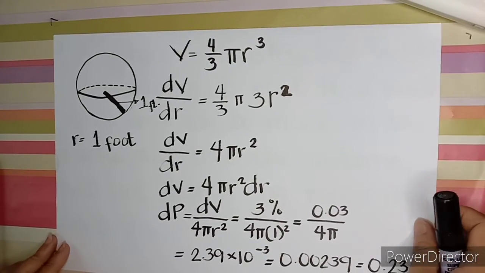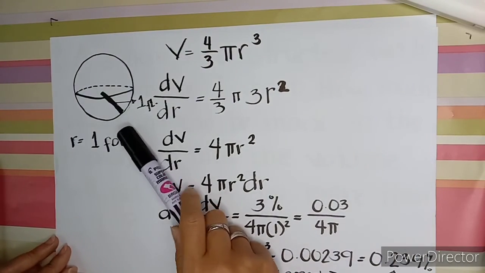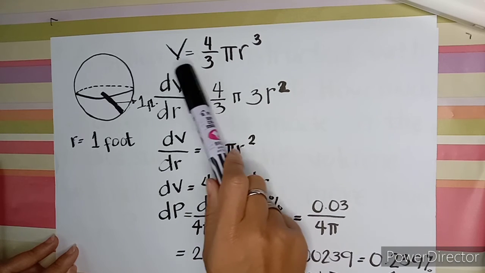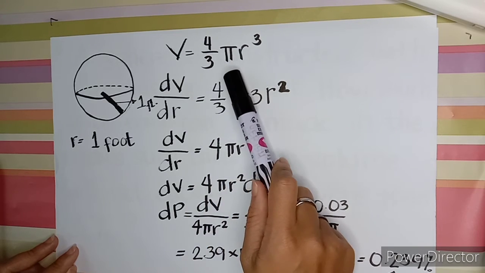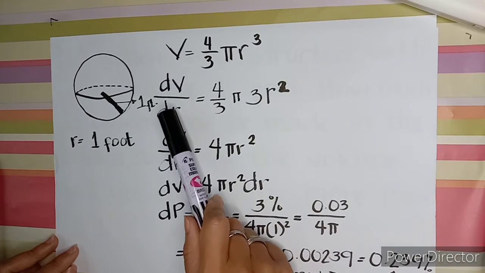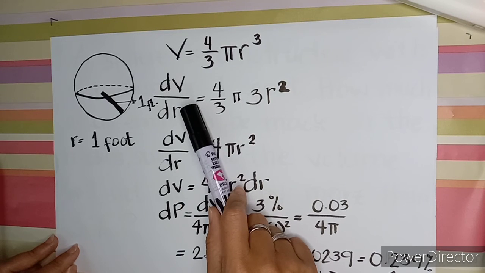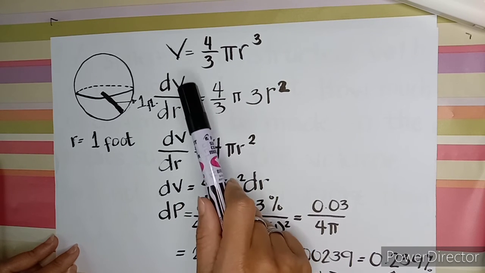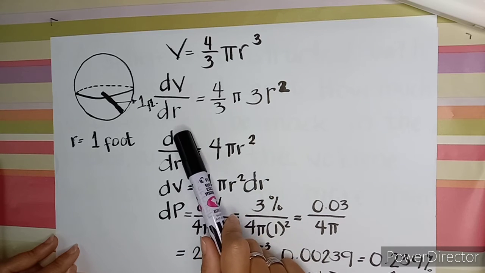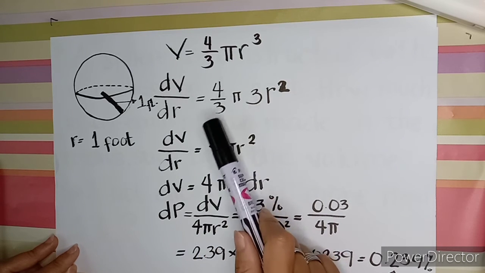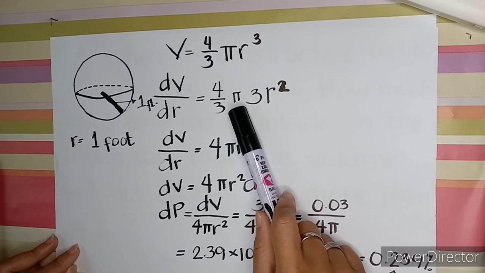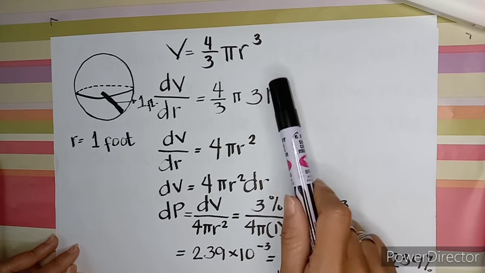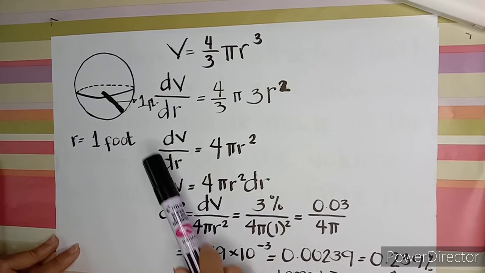In calculating the volume of the sphere, we have this formula: V is equal to 4 over 3 pi r cubed. So the derivative of V with respect to r is equal to 4 over 3 pi times 3r squared.